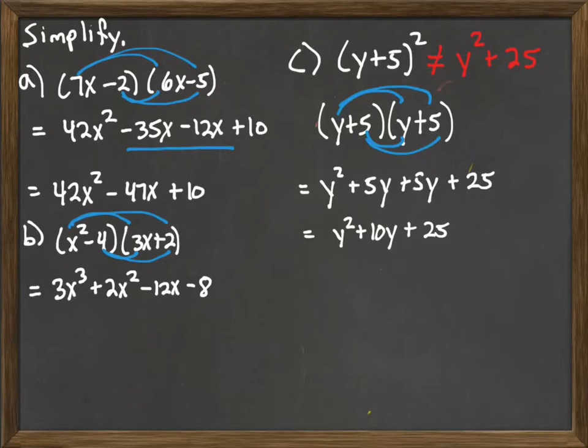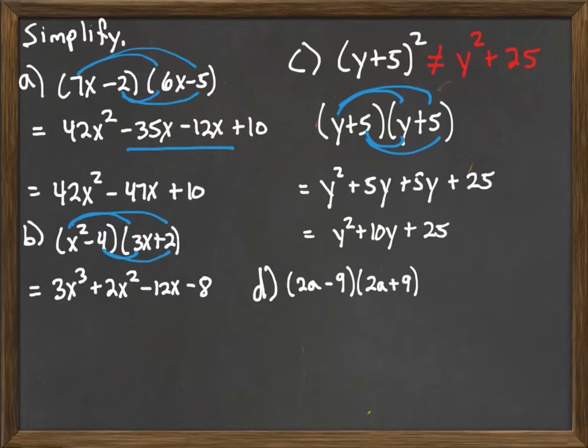So really important, exponents do not distribute over addition or subtraction. Okay, you can distribute them across multiplication. That was one of our rules for exponents. But we can't distribute it across addition or subtraction.